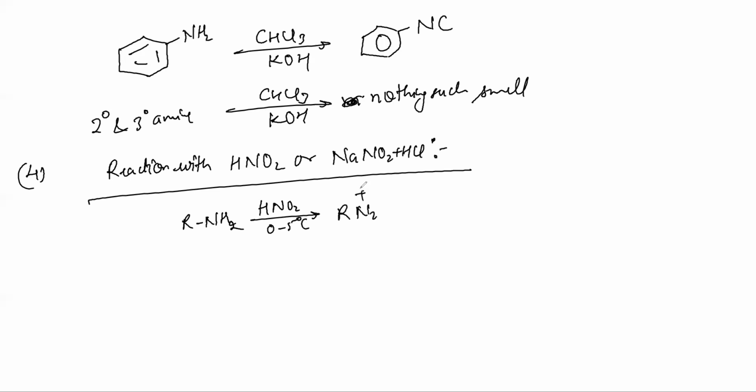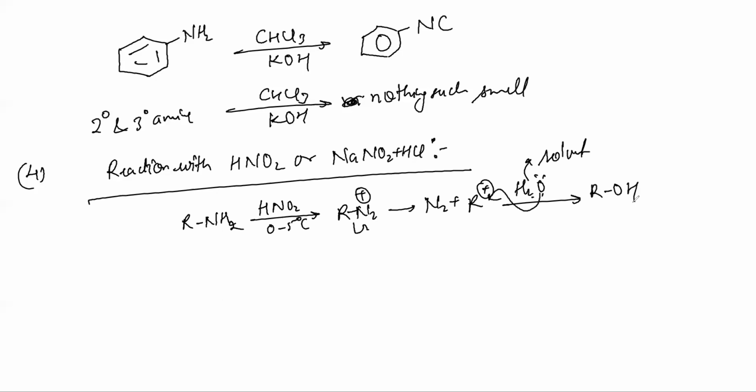It converts into RN2+. Then N2 leaves and you are left with R+. R+ eventually interacts with water. Water is just the solvent. So water attacks here and ultimately you get ROH plus N2 plus HCl.